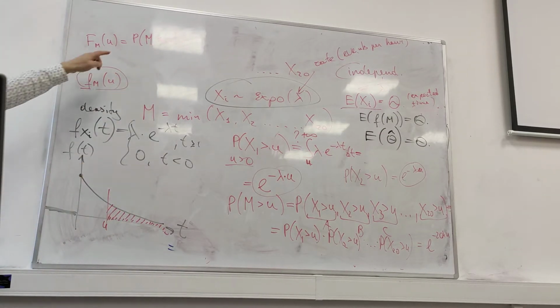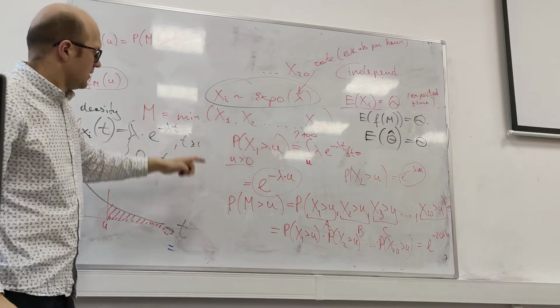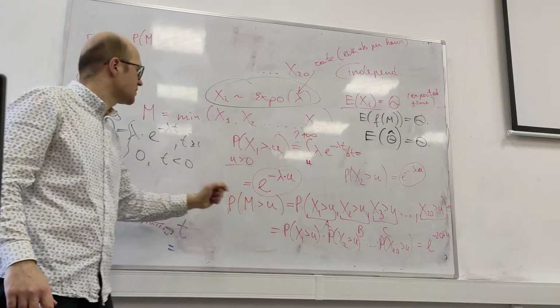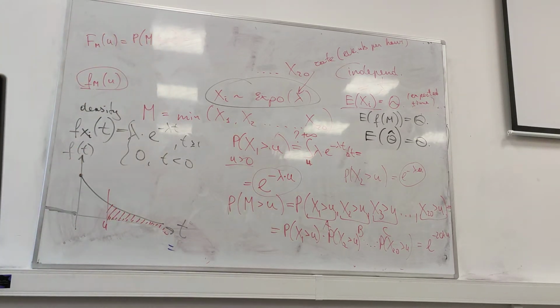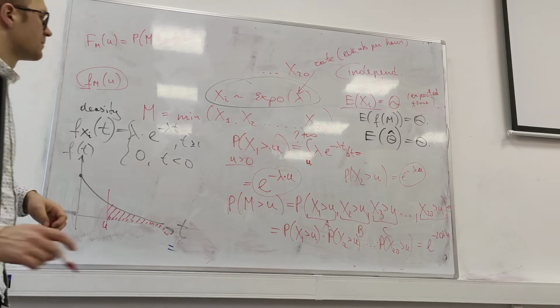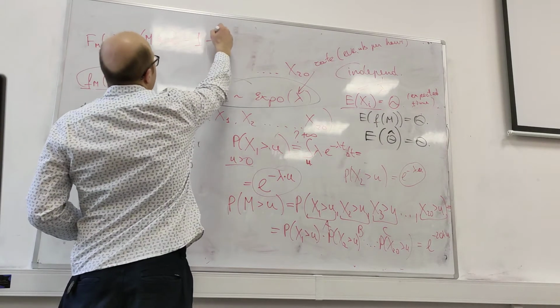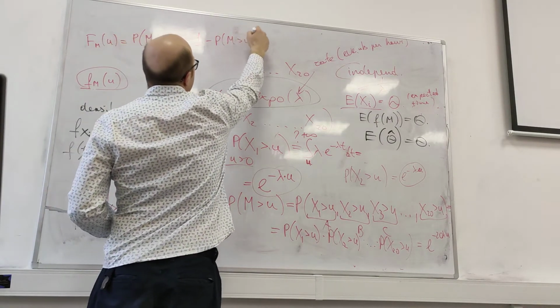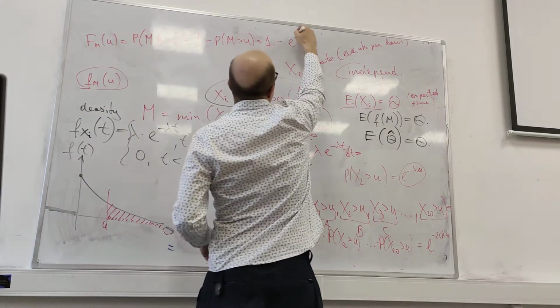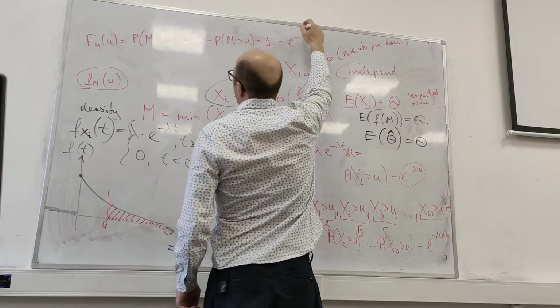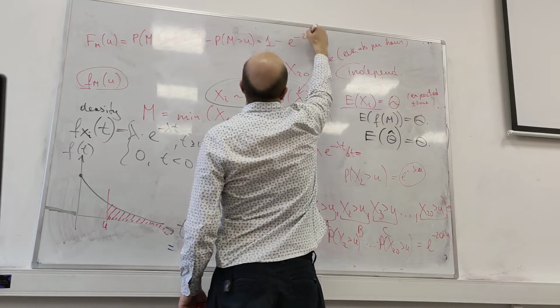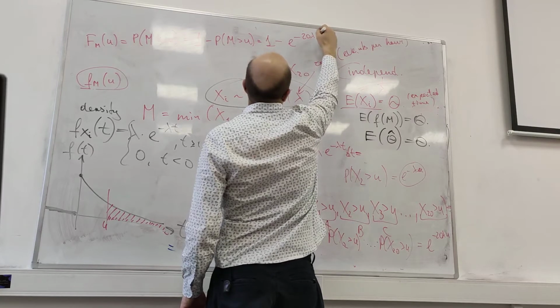How can I find this function if I have already found the probability that m is greater than u? It's 1 minus the probability that m is greater than u, so it's 1 minus e to the minus 20 lambda u.